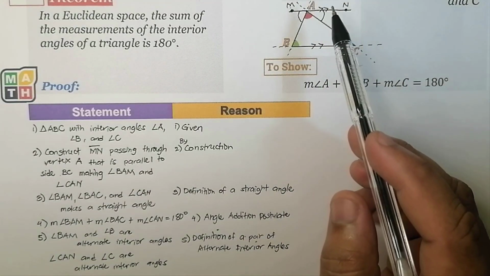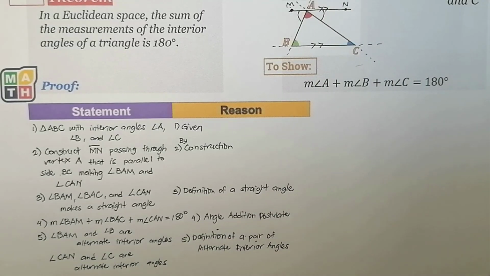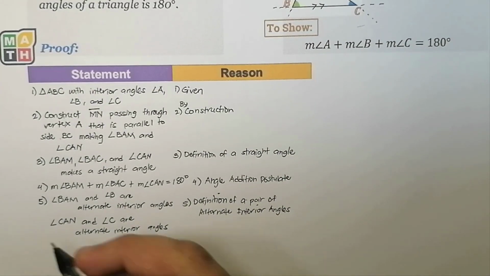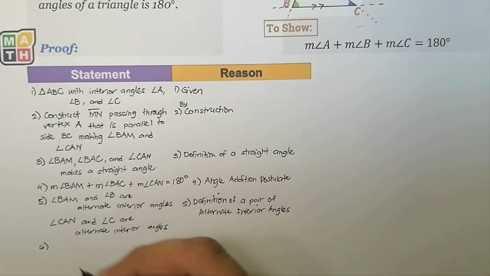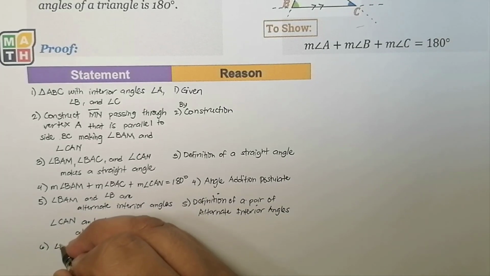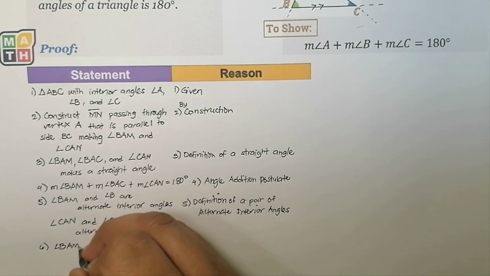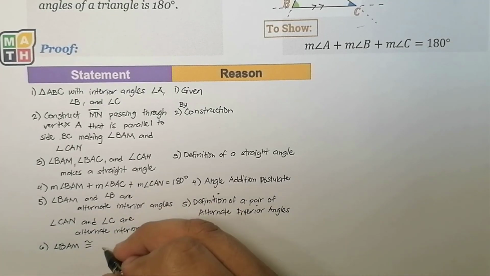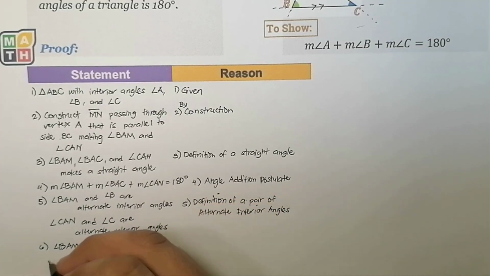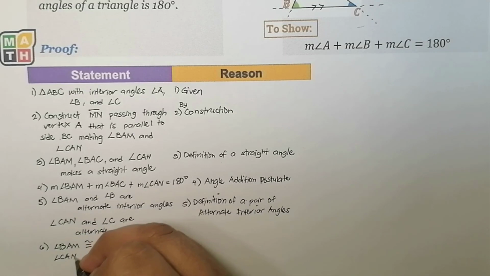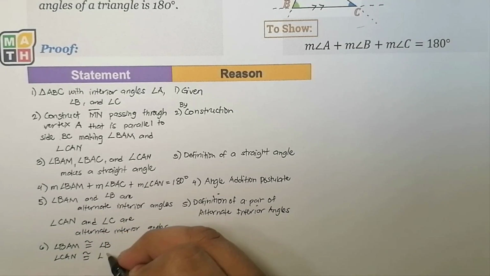I'm talking about their measurements. In this case, we have here: the angle BAM is now congruent to angle B, as well as angle CAN be congruent to angle C.